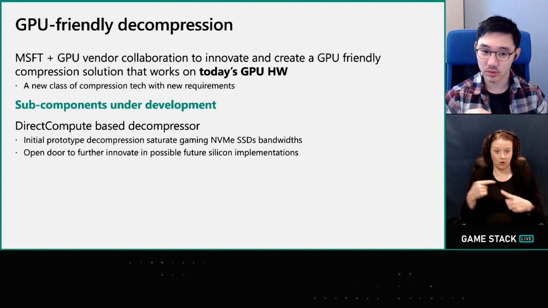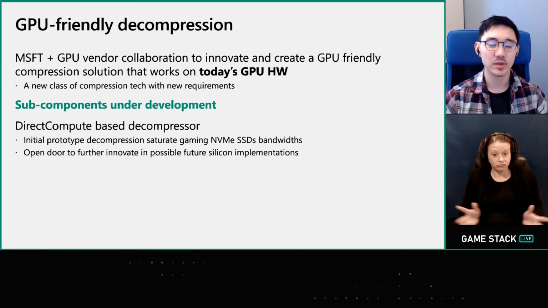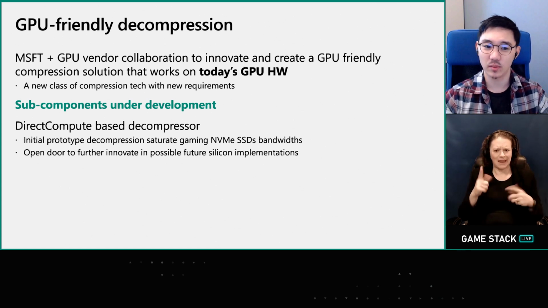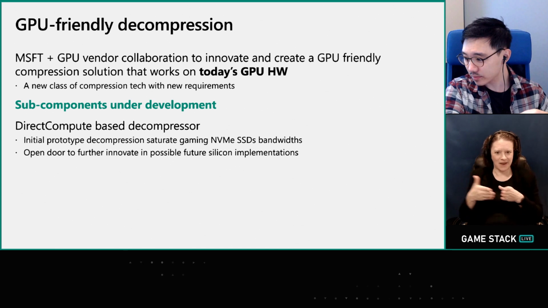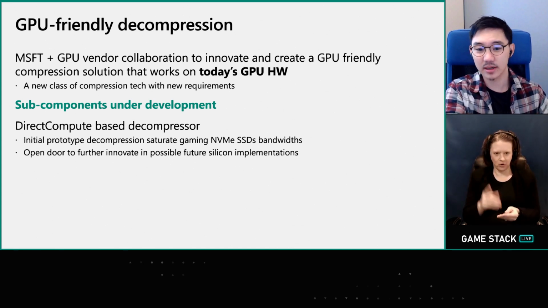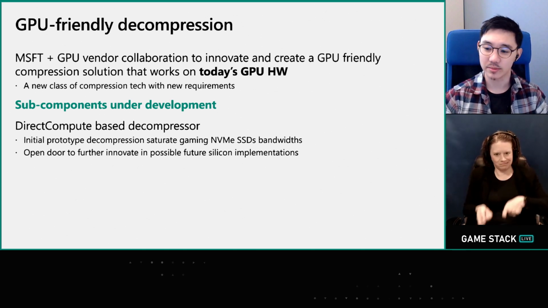This also opens a door to further innovation. Just because hardware isn't available today doesn't mean we don't want to find a path to hardware. And so while we have a DirectCompute-based decompressor for bootstrapping and giving you something to start with to get those higher bandwidths, we do want to make sure that we enable hardware implementations in the future.